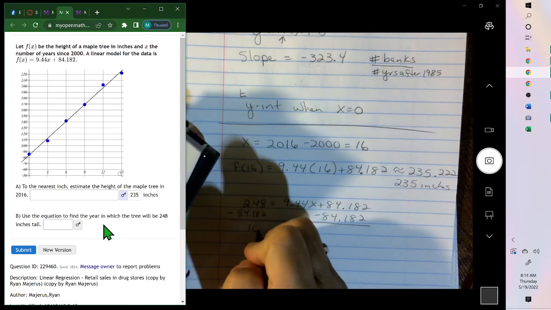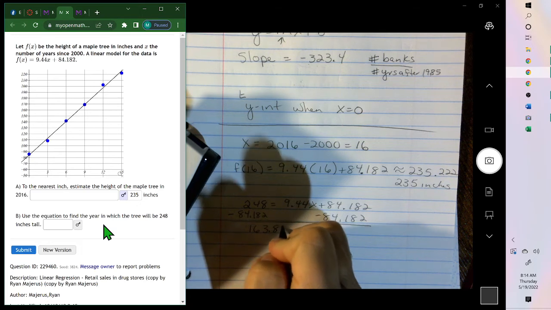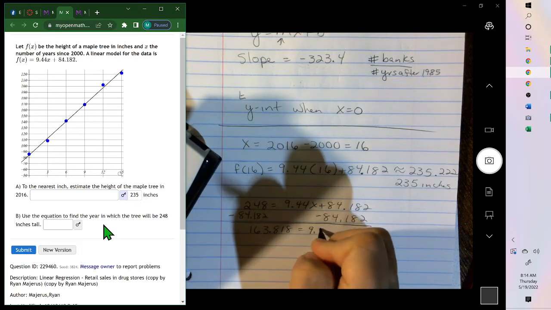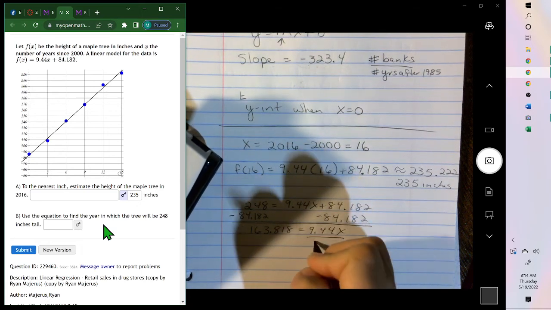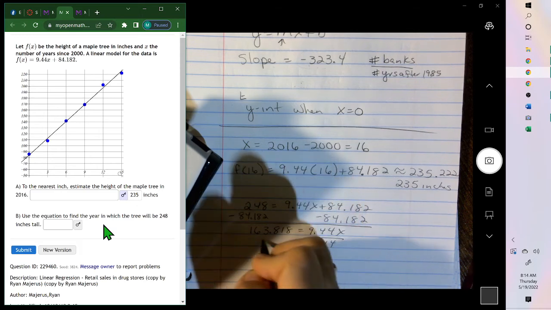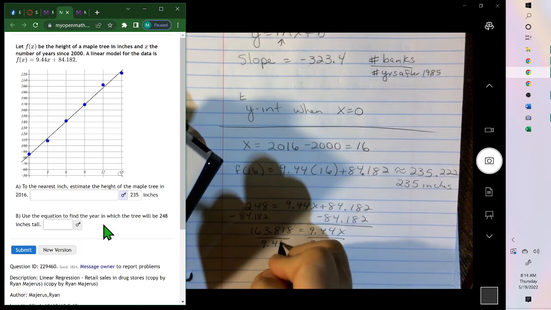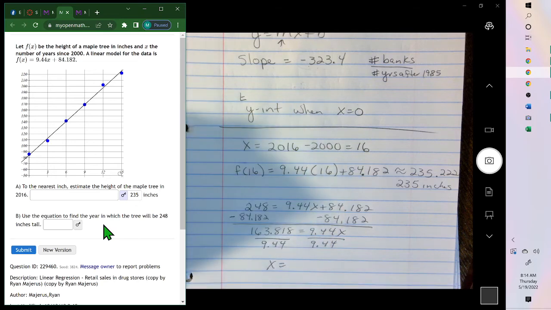And never round until the end. And then divide by the 9.44. You always do the opposite. This was multiplying, so we divided.